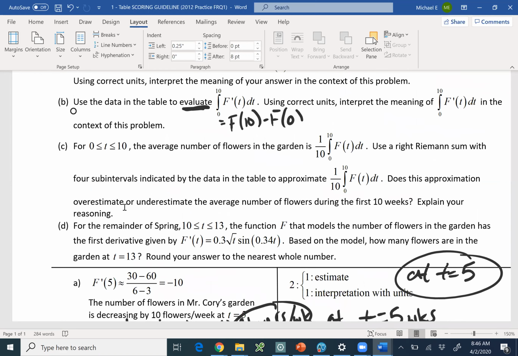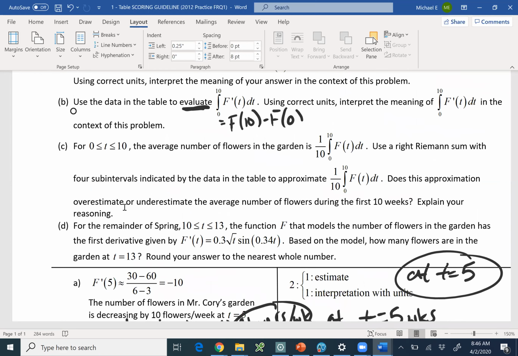This is just doing a general description. But usually what I'll do is go in the order that they present. So here they said to first evaluate it, and then they said interpret that.